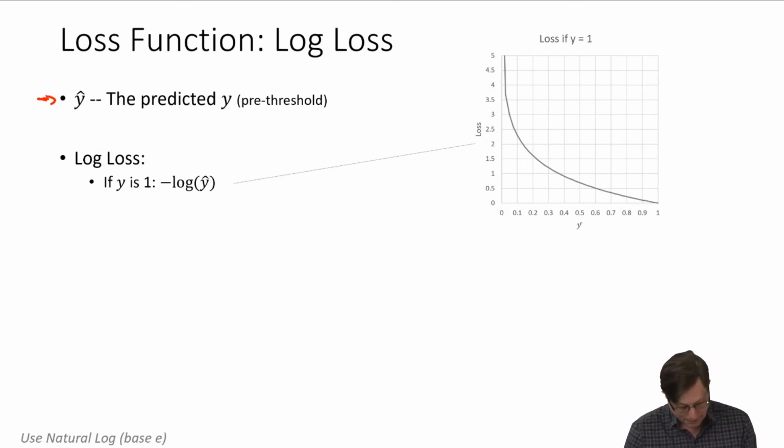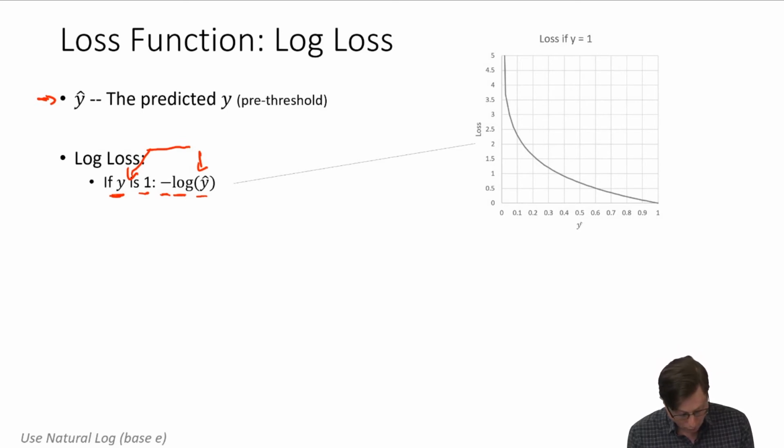Okay, so log loss has 2 conditions to it. One condition is if the true label is 1, then your log loss is the negative of the log of your prediction. So you take a single training sample, pass it through the model, get your prediction, and compare that to the correct label for that sample that you're trying to learn or evaluate on.